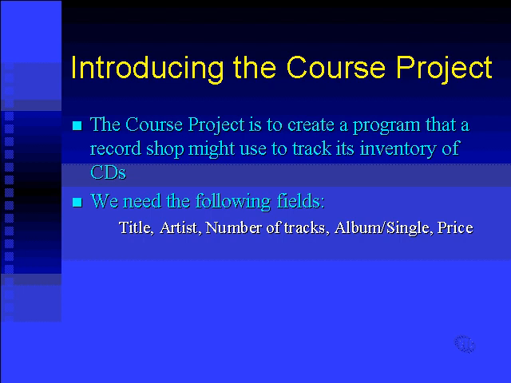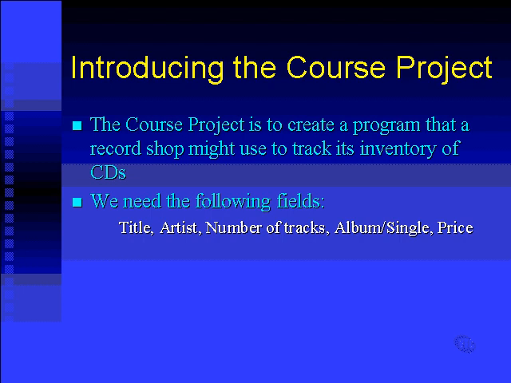Your trick is to come up with a way of reading that information in from the keyboard. How do we get the user to tell us whether it's an album or a single in a user-friendly way without saying please type in a 1 if it's an album or a 0 if it's a single? I don't want you to do that. That is ugly. It's very unfriendly to the user.